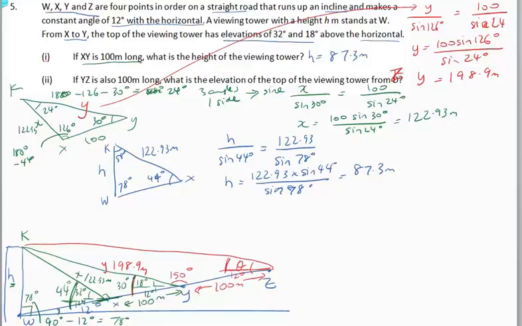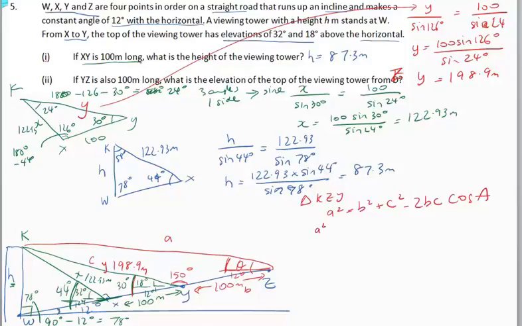So we can use our cosine rule here. If we draw it, we're using the red. So for our triangle KZY, we're going to use the cosine rule: a squared equals b squared plus c squared minus 2bc cosine of A. Our angle here, this is our A, so our lowercase a goes here, and our b and our c here.